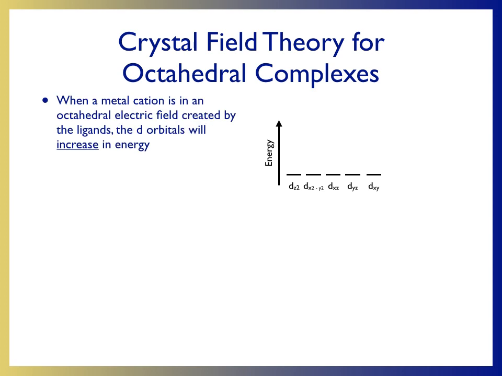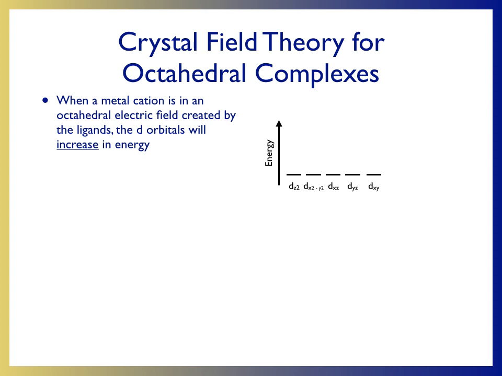However, if you take the metal cation and surround it with ligands that have an octahedral geometry, you're going to start to increase the energy of all of the d orbitals. But some d orbitals are going to increase in energy more due to their interactions with the ligands. This is generally going to happen if the d orbitals have lobes that point directly at the ligands.